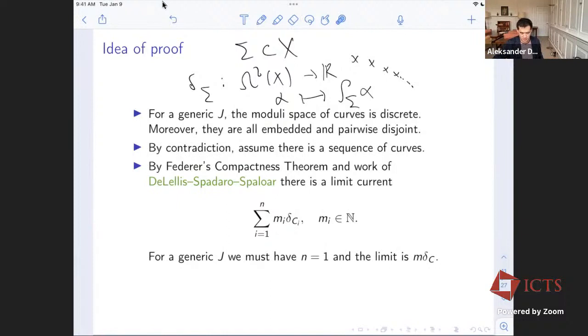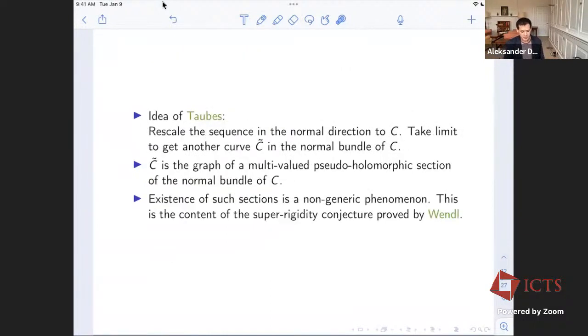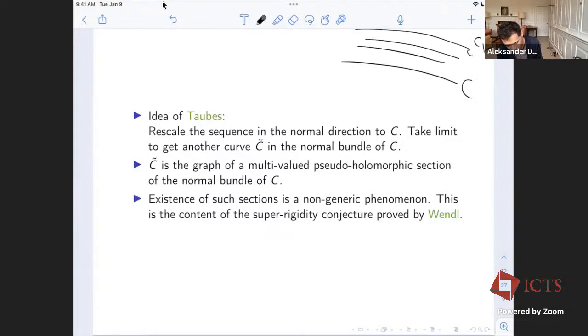So we want to arrive at a contradiction. Here is a nice idea that was used by Taubes in dimension 4. You have this limiting thing, and before, you had a sequence C_1, C_2, and so on, that converges to it. As n goes to infinity, the sequence C_n converges to m times C as currents.